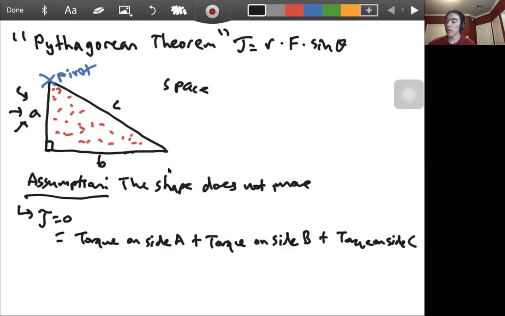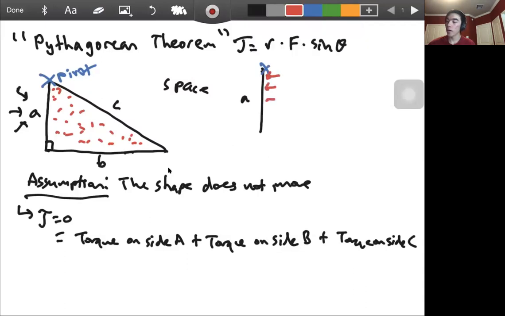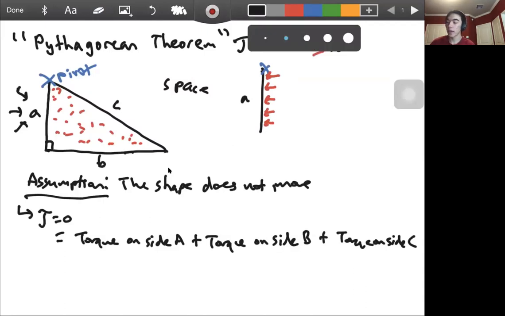So if we look at side A, we have a bunch of forces, or another word for pressure, exerted all along the length of this. And pressure is exerted at a 90-degree angle, like air just pushing directly against it. So we can actually ignore sine of theta for now, for this side.